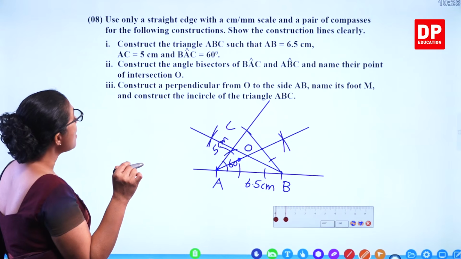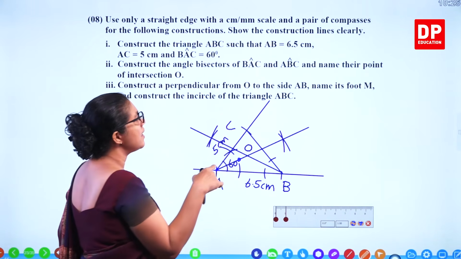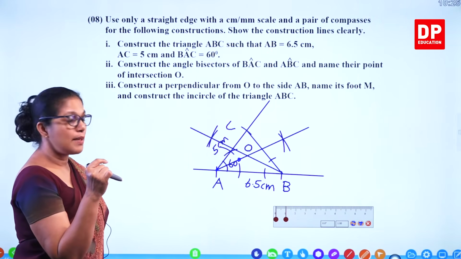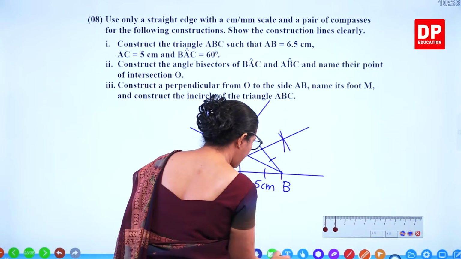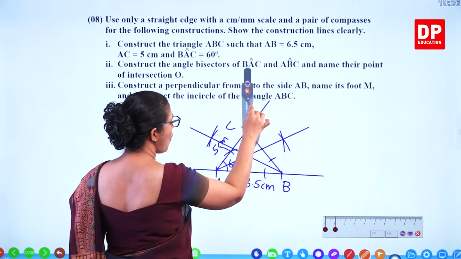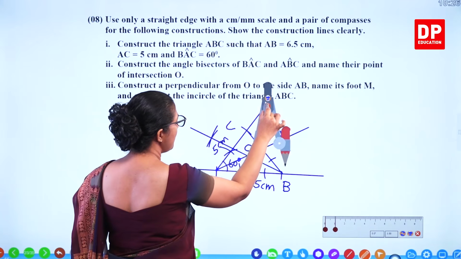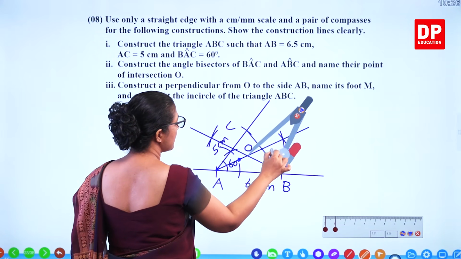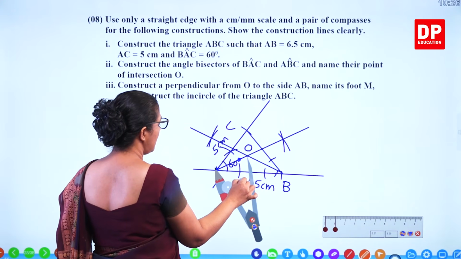Third part, construct a perpendicular from O to side AB. Name its foot M and construct the incircle of the triangle ABC. So you need to draw a perpendicular. How do you draw a perpendicular? Take the compass, from O take any distance and mark 2 arcs on AB. So we'll take this one and this point.